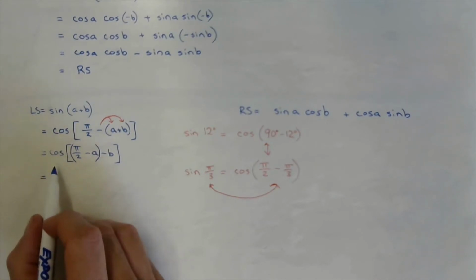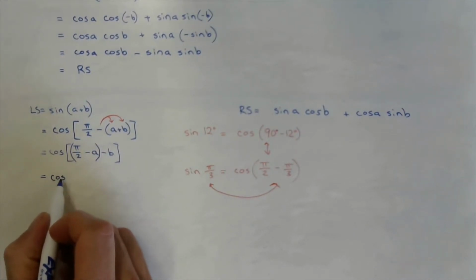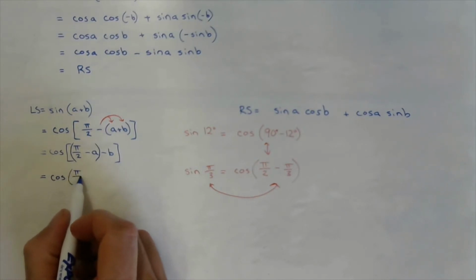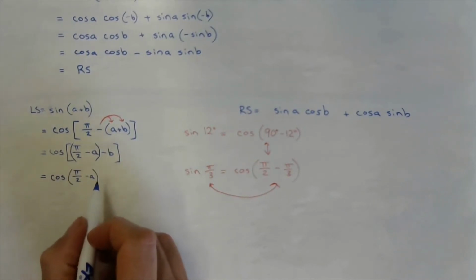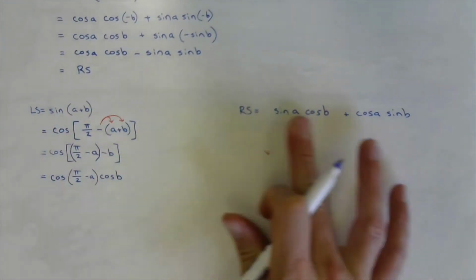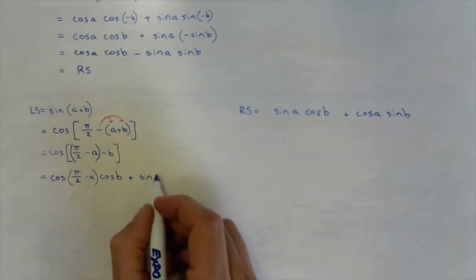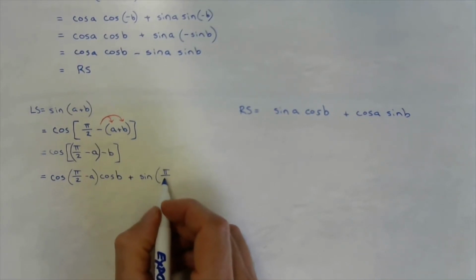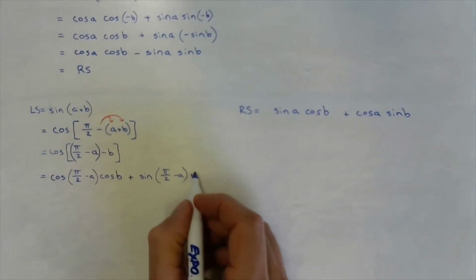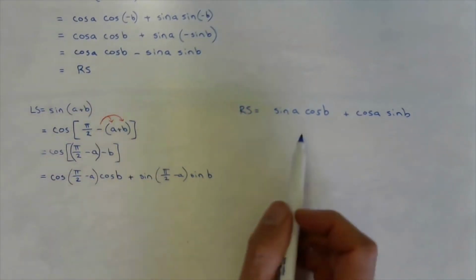Right now we're going to apply the subtraction formula for cosine, and it says that you can take the cosine of your first angle, which is pi over 2 minus A, times the cosine of your second angle, which is B, and add the sine of your first angle, which is pi over 2 minus A, times the sine of your second angle, which is B. And again, we can look across and say, okay, I think I'm getting a bit closer.